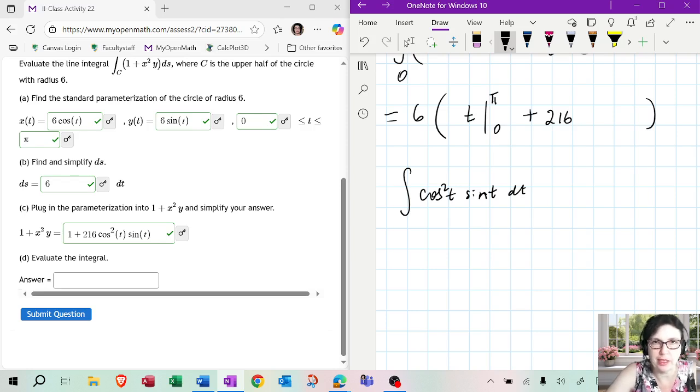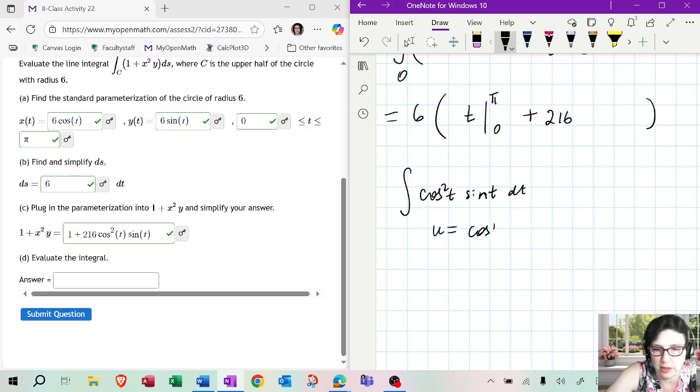Unless the powers of cosine and sine are all even and there is nothing odd there, you use a substitution. The substitution should be whichever power is not odd. Sometimes they're both odd, then you have a choice of either one. But here, the sine t has an odd power 1, so you take the other one as your substitution.